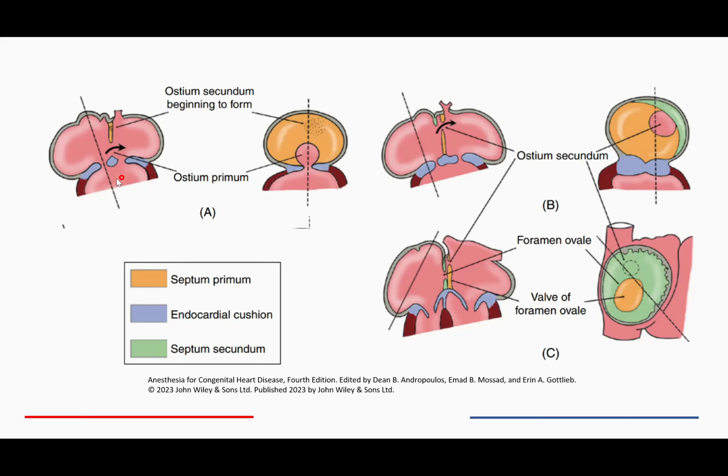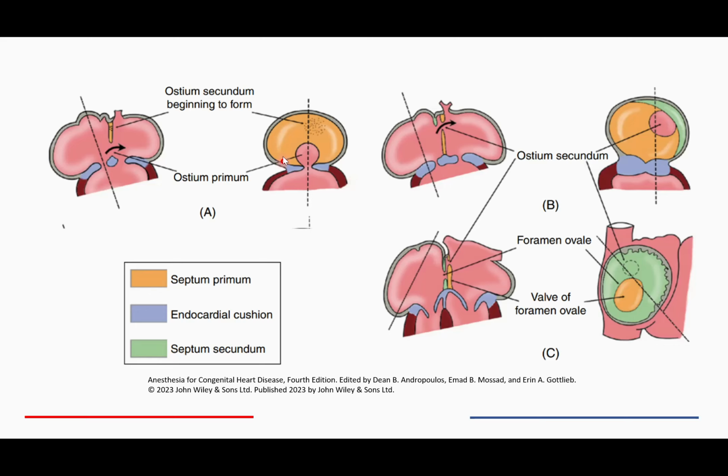So the lack of the endocardial cushion gives rise to this ostium primum that is part of an AV canal. We'll come to this later in the AV canal part of this lecture.